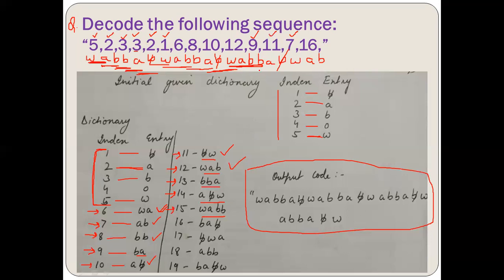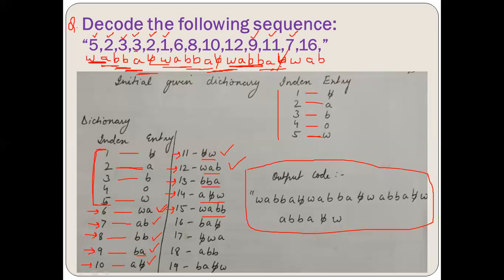Then I'm going to take for B, BA. BA is already there at 9th position. So encountering one more alphabet, right? Encountering one more alphabet as A, B bar. This was B bar, right?